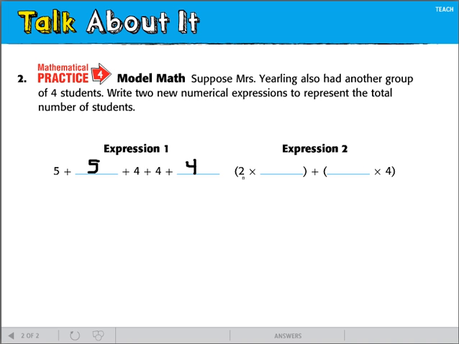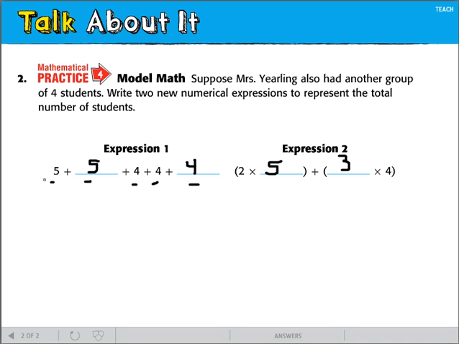Yes. Okay, so now over here in our second expression, we're going to go 2 times 5, right, because we have 2 5s over here. And we're going to add that to what times 4? 3. 3, because we have 3 groups of 4. Okay?